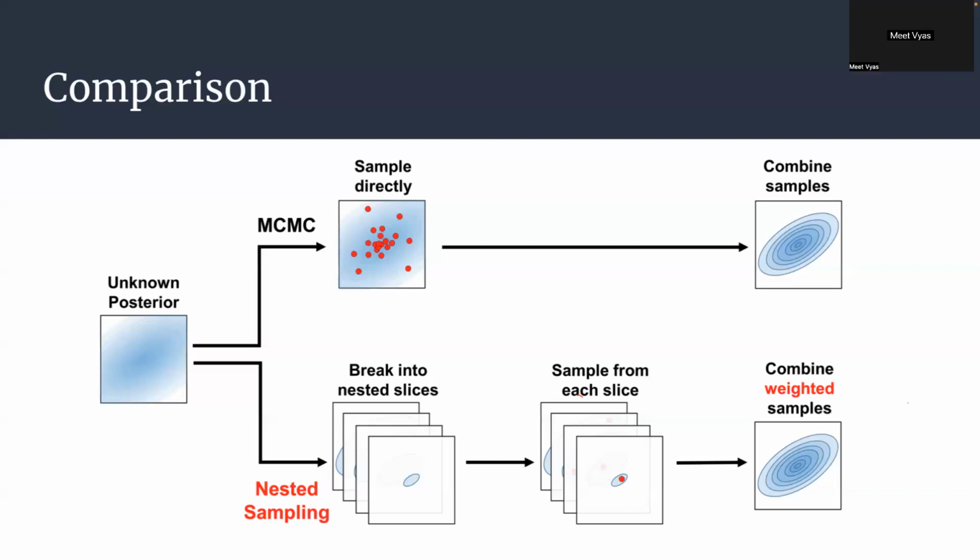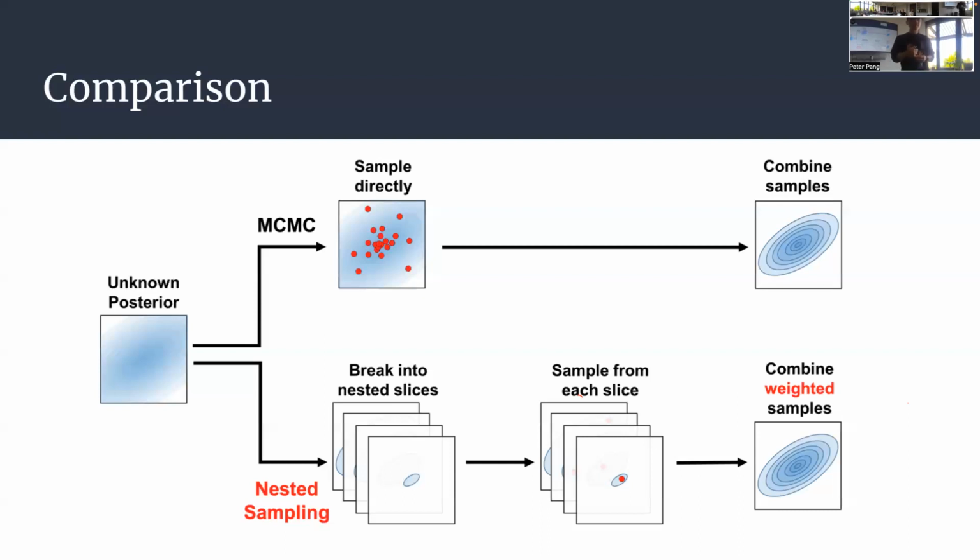So the computational complexity would be higher for nested sampling, compared to MCMC? Not necessarily. Because MCMC is a chain, so everything is connected. To actually get IID samples, independent and identically distributed samples, you need to do something called thinning.